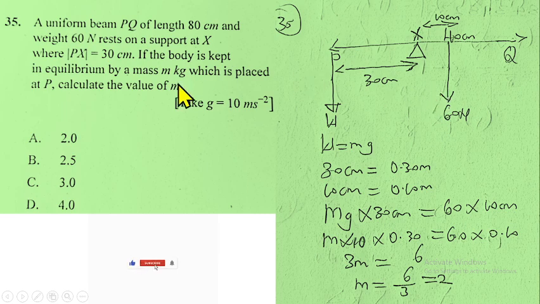Also, the support at X, you place the knife edge at X. You have been given the distance between P, the beginning, and this X as 30 centimeters. So if that is 30 centimeters, we can also get the distance between X and the weight, 60 newtons. That will be 10 centimeters.